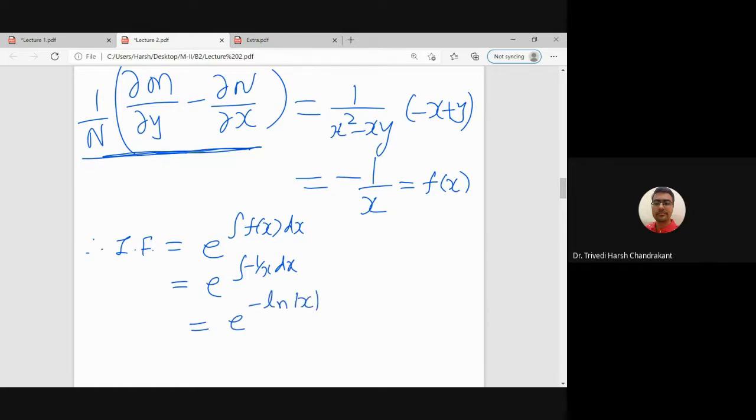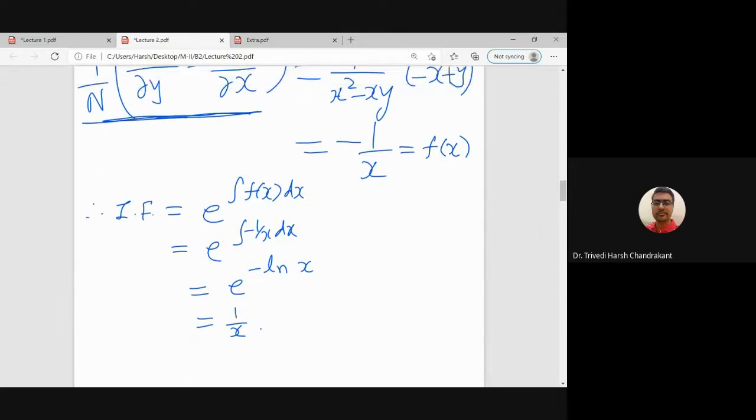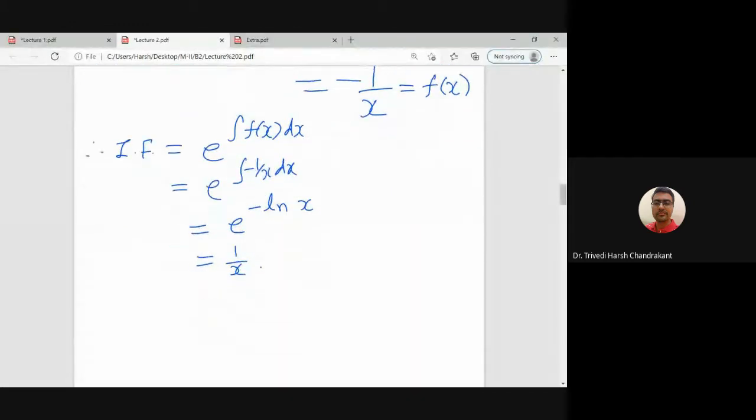But since we are taking x to be positive, that is given in the example, this mod x is nothing but x itself. So finally it turns out to be that the integrating factor is 1 by x, right? And then we know that what is the meaning of integrating factor. Integrating factor means if you multiply given differential equation by this function, the new equation becomes exact.